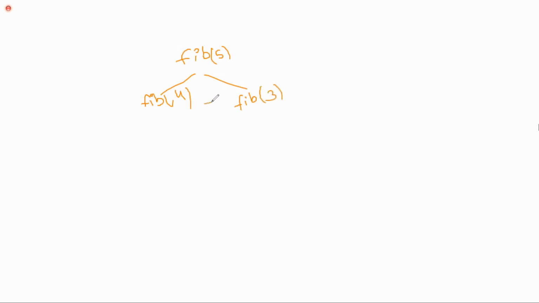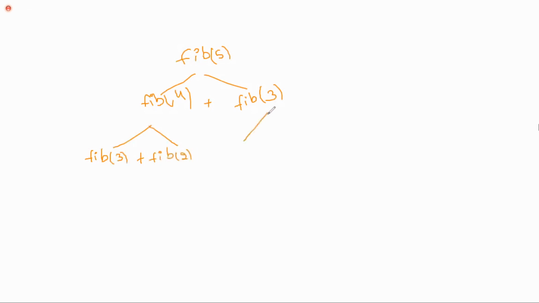In between we have plus. Next fib 4. Next n value here is 4. 4 equals 1 or 4 equals 0. Both the conditions are false. False means what will you return? n minus 1 plus n minus 2. So above n minus 1 means 4 minus 1 which is 3 plus 4 minus 2 which is 2. So above 3 plus above 2.